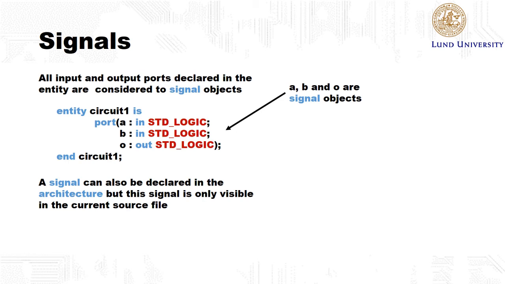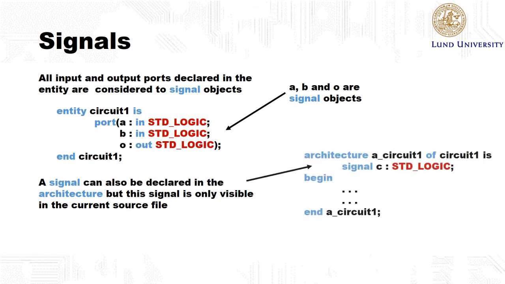We can also declare signals under the architecture part of our VHDL source file. So this we do before the keyword begin. So in this case we declare a signal C, and this is then an internal signal to this circuit, so we cannot read it from the outside. It is only available in the architecture part of our description.